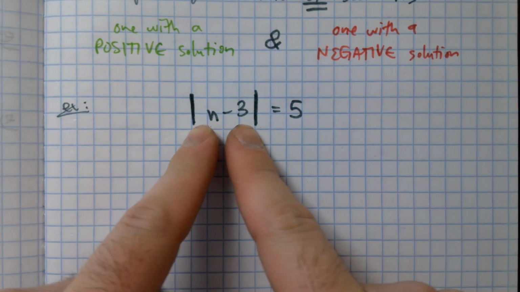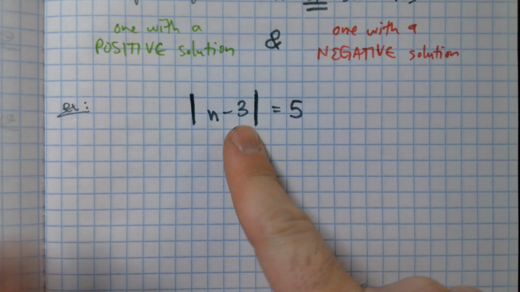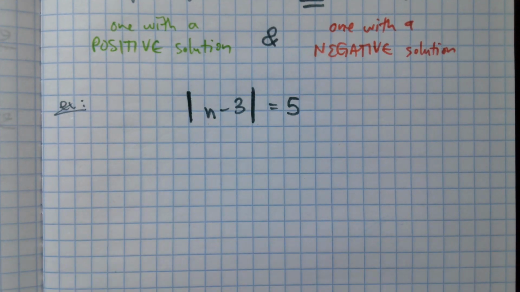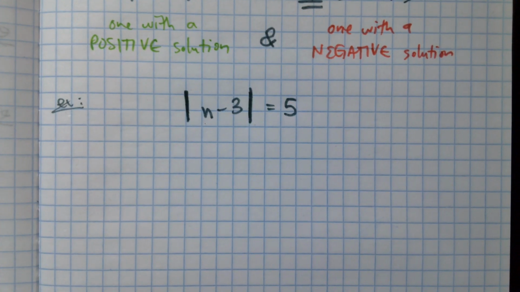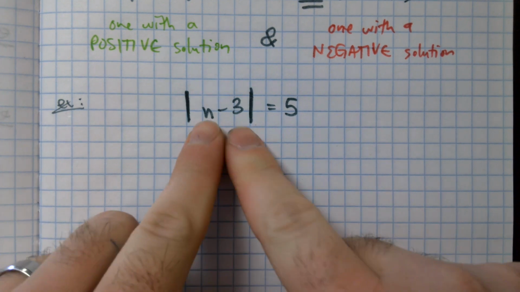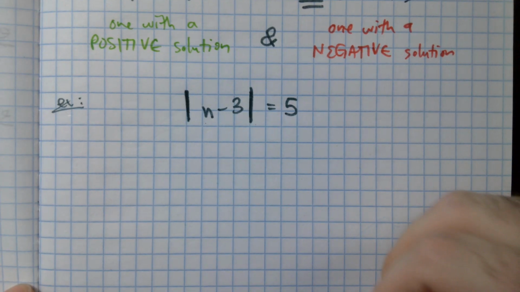Because of the way that we've been taught absolute value, some of you are tempted to look at this and go, ooh, I'm going to turn that minus 3 into a plus 3. We do not want to do that. N minus 3 is its own entity. I cannot change anything about it. So I have to keep it as n minus 3.